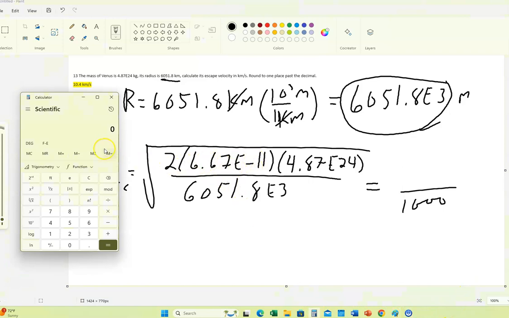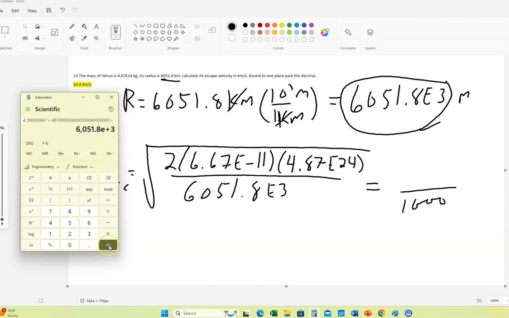All right, so all I'm going to do is this formula right here, and with this calculator, it's just easier to do 2 times 6.67 times 10 to the minus 11th, times the mass of Venus, which is 4.87 times 10 to the 24th, divided by the radius in meters, which is 6051.8 times 10 to the third.